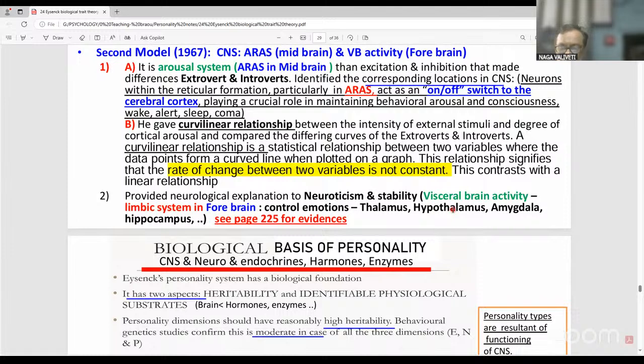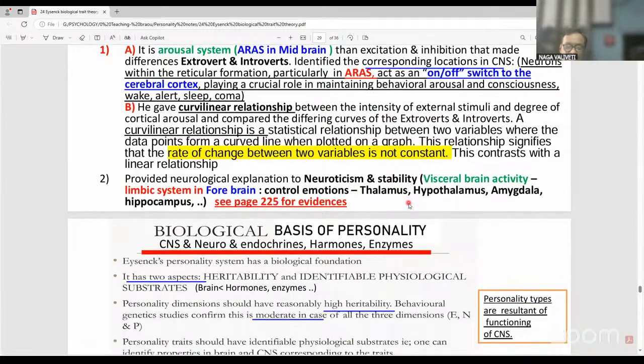The hypothalamus gives behavior, and with the help of the pituitary it controls our ANS. The amygdala is for emotions. The hippocampus is for cognitive elements. All together, they will be activating. So neuroticism and stability are determined by that.